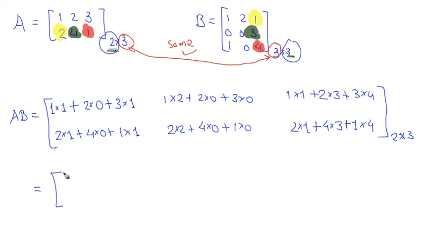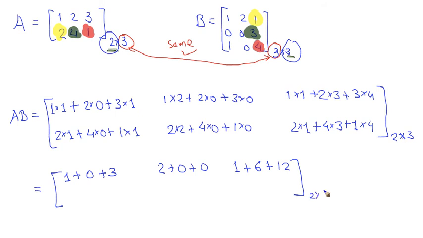So this is 1 plus 2 into 0, so 0. You have to practice this to be good in calculations. 3 into 1 is 3. 1 into 2 is 2 plus 0 plus 0. Then 1 plus 2 into 3, 6 plus 3 into 4, 12.